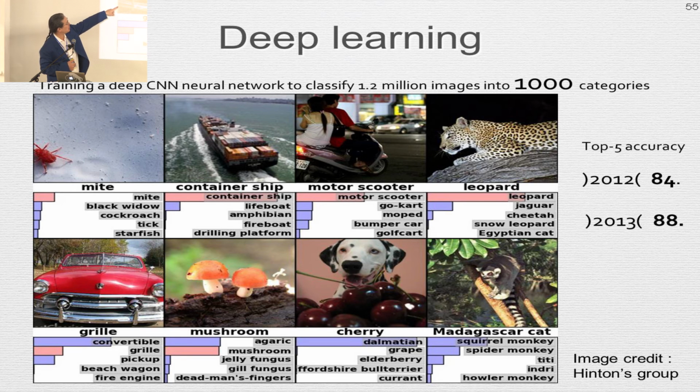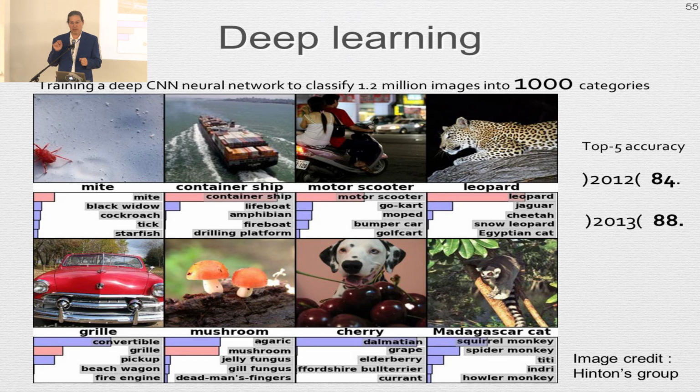So this image here was classified as grill. The system said convertible, which is probably what I would have said. It was unable to tell the difference between two different kinds of mushrooms, which is not too surprising. And of course, occasionally it gets it wrong, but again, in ways that don't seem all that unexpected.